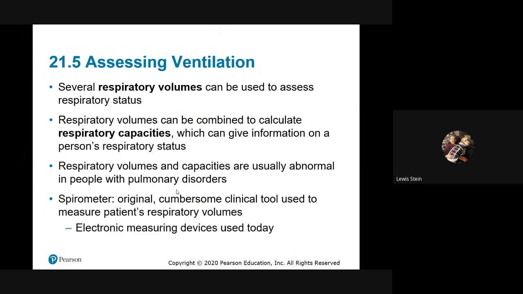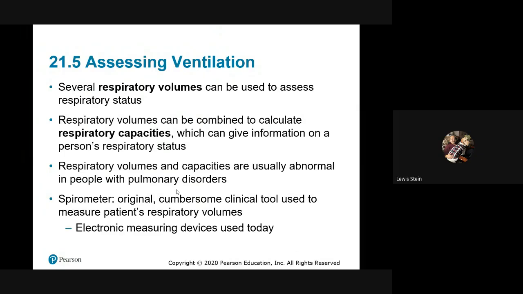The other kind of disorder is a restrictive disorder, which restricts and lowers the exchange. There's not enough available lung space, alveolar space, where the exchange actually occurs, to support a reasonable degree of activities.